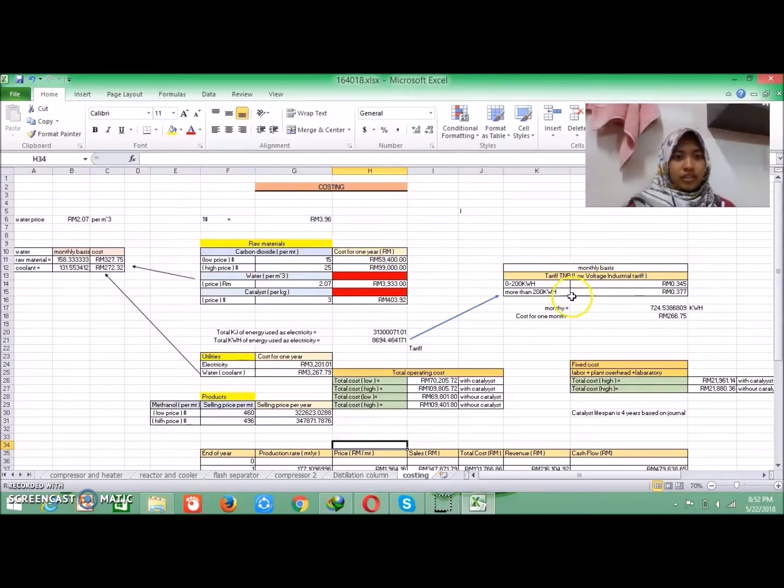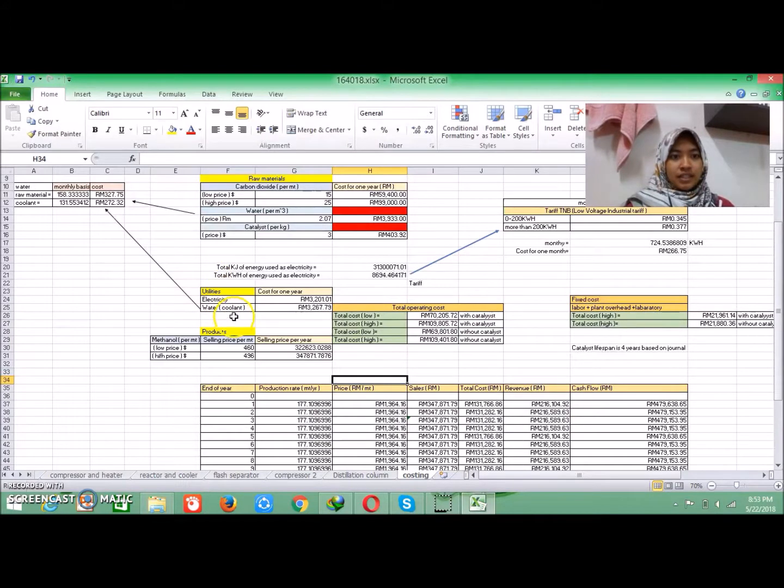And then on a monthly basis for TNB, which is the electricity, this is the industrial tariff. So monthly we use 724 kilowatt-hours, and the cost for 1 month is only RM 266. Also we have utilities such as electricity and water coolant as we calculated here.